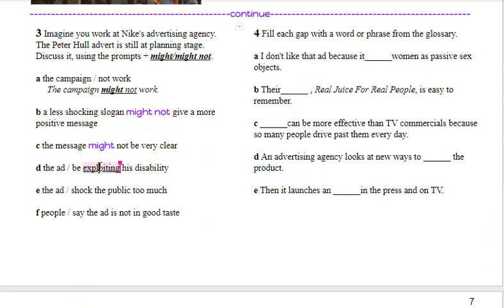Yeah, you're almost there. Use on how, in what way? Make the best use of, make good use of. But here it said the ad slash be exploiting his disability. Or is it exposing? Exposing, you're almost there.